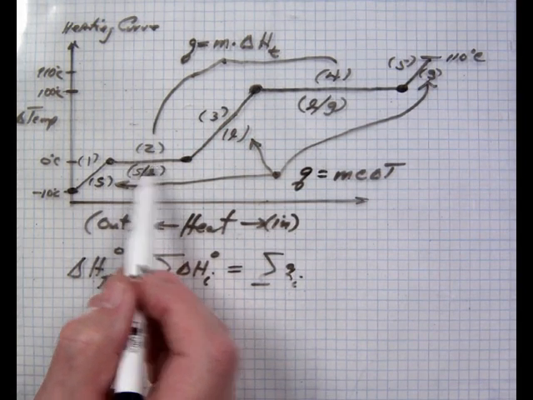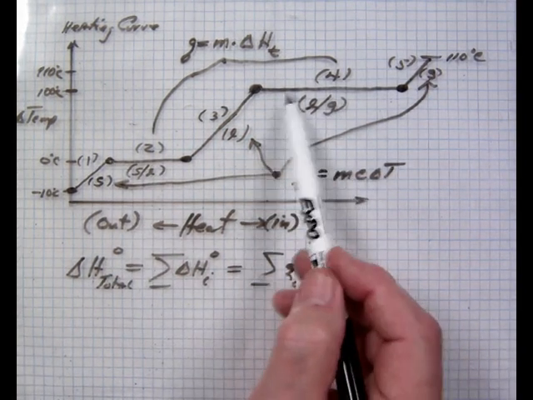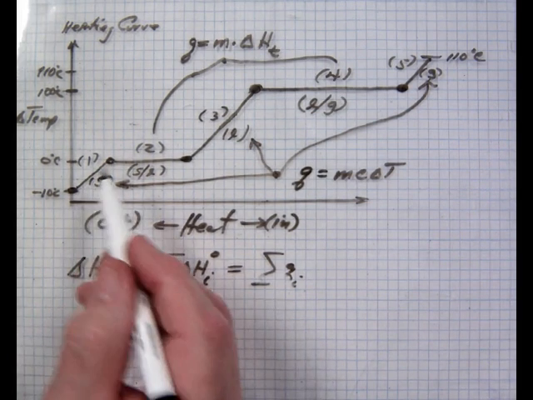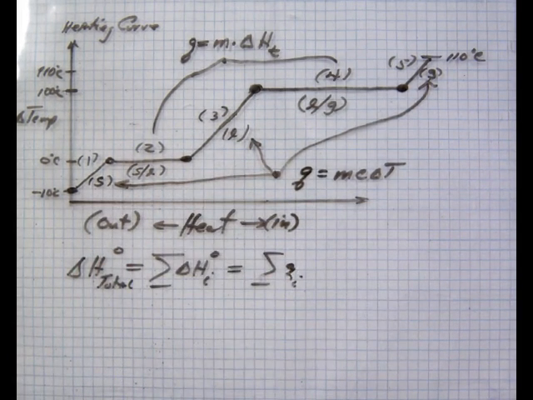I'll show you that again. And this one's 540 calories per gram. So if you've got 10 grams, that's 5,400 calories needed to evaporate 10 grams of water. So what we do is we go through here, and each one is an independent calculation.